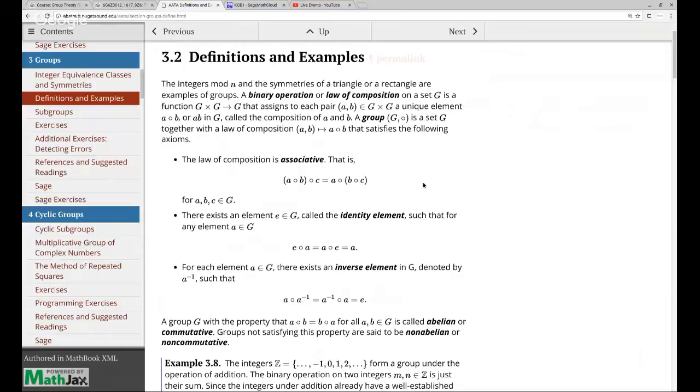So for every pair of elements in the group, this new element that you get is still in the same set. Okay, so this is the sense of being closed. The set is a closed system with regard to the operation, whatever the operation is. Taking elements and combining them using this binary operation never takes you outside of the set.